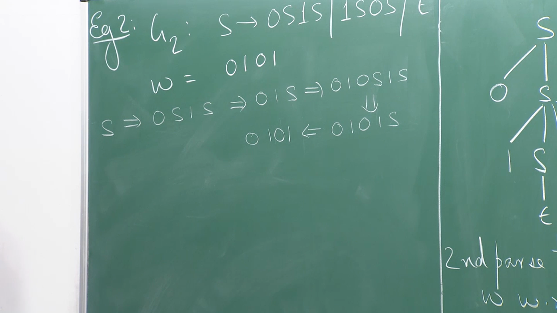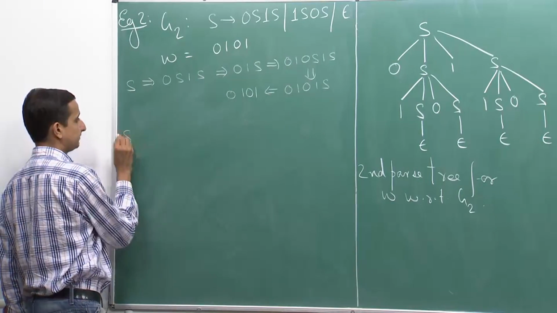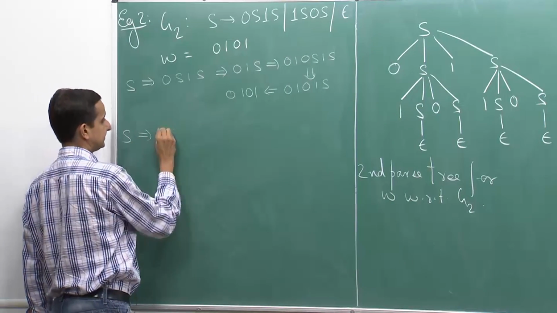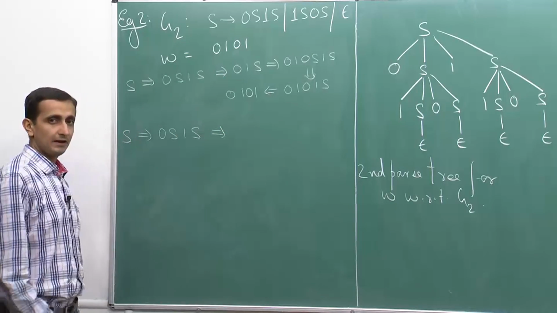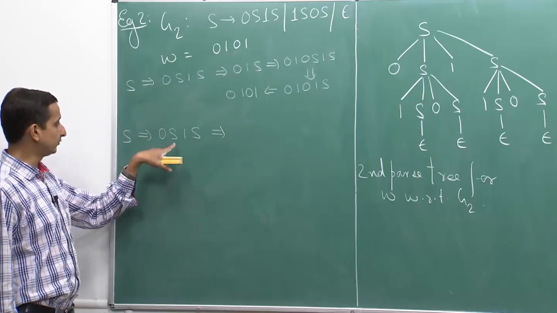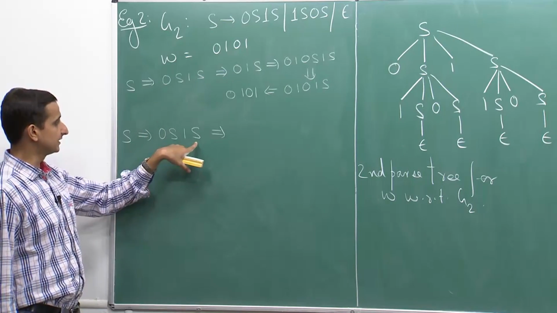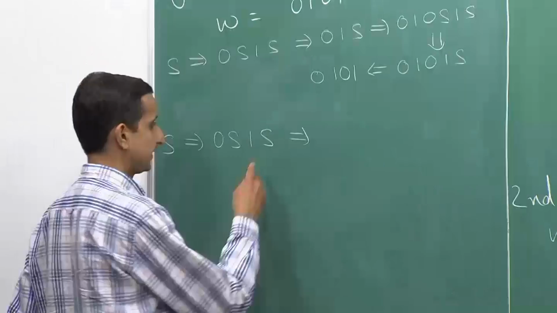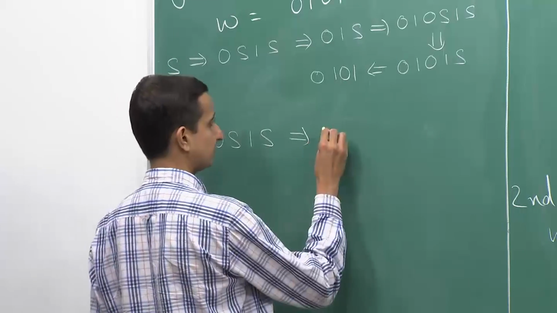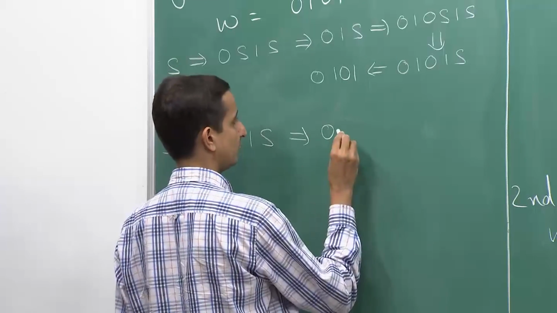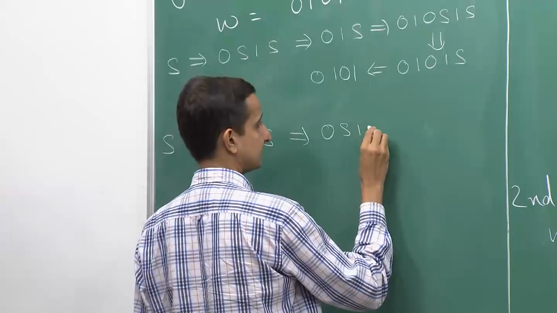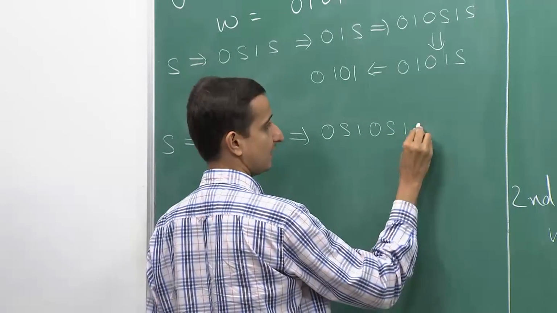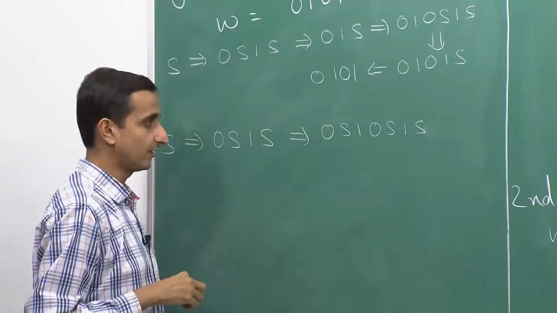I can have another derivation of the string 0101 as follows. I replace S with 0S1S. Now, instead of choosing to replace the first S, I replace the second S with 0S1S.